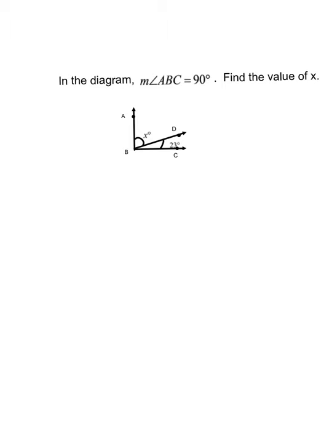Okay. They tell you that ABC is 90 degrees. This is A, B, C. So they tell you this angle is 90 degrees, so you know it's a right angle. If they do not tell it to you or draw that little box in the corner, you cannot assume. So that means I know that this big angle is 90 degrees.